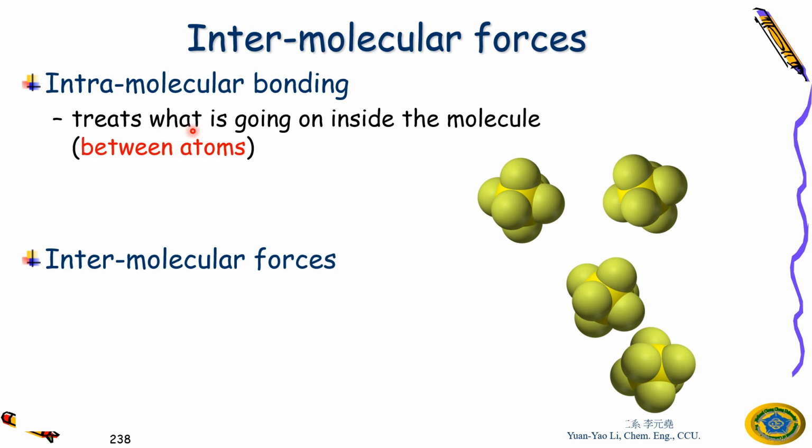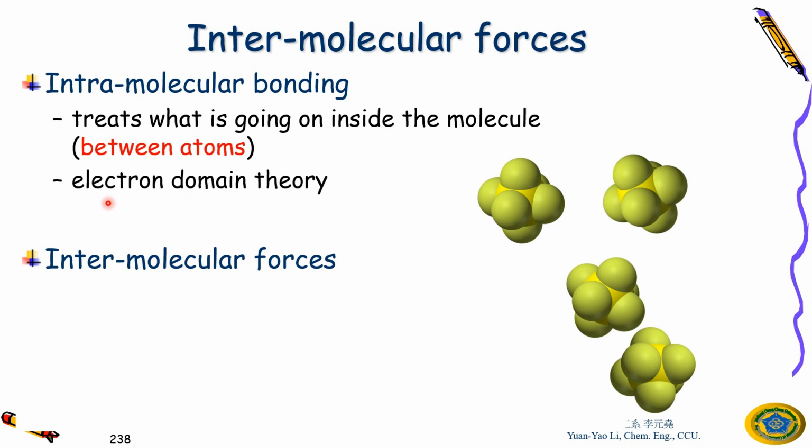That treats what is going on inside the molecules, between atoms. So this atom and this atom, there are some bonding energies. That's why we call it intramolecular bonding. I'm sure you know now, we are talking about chemical bonds, like metallic bond, covalent bond, or ionic bond.